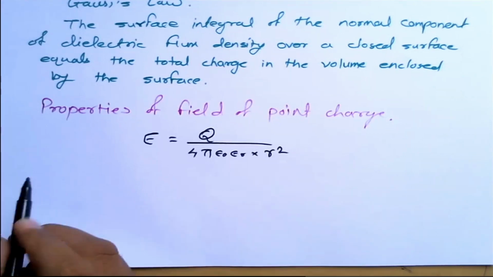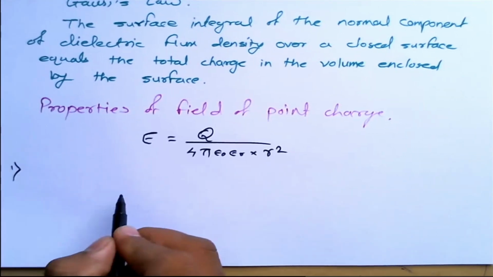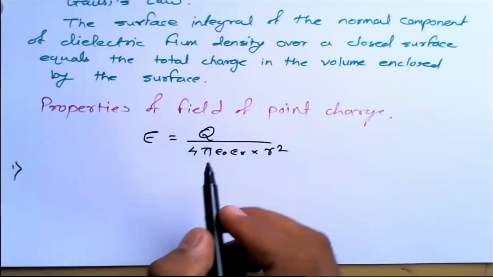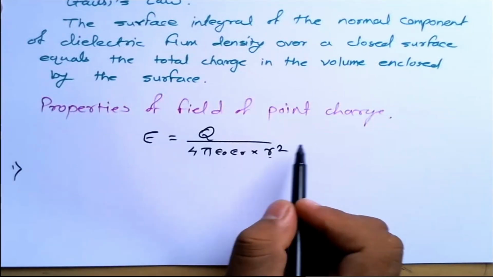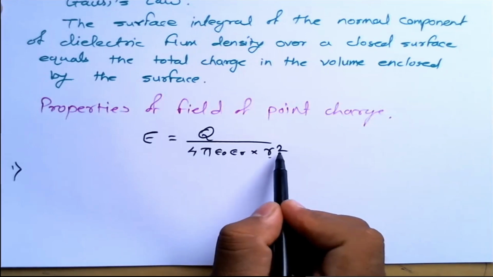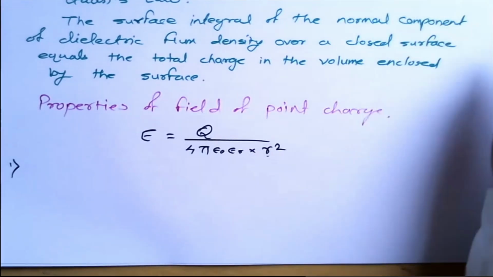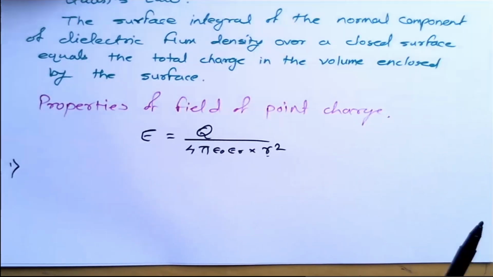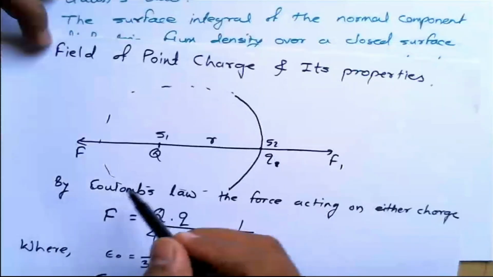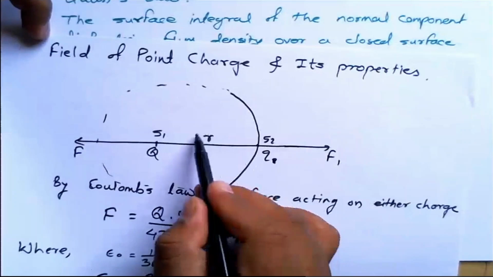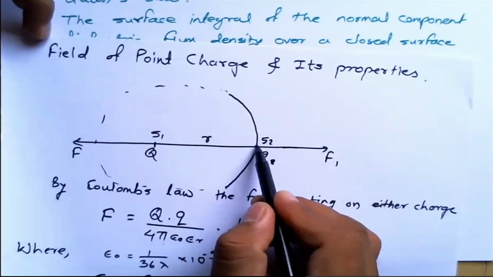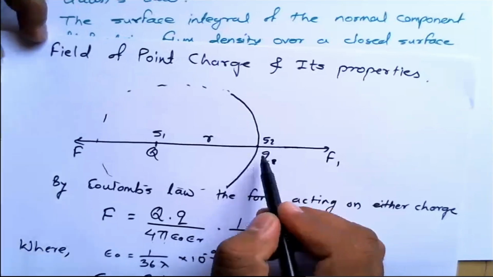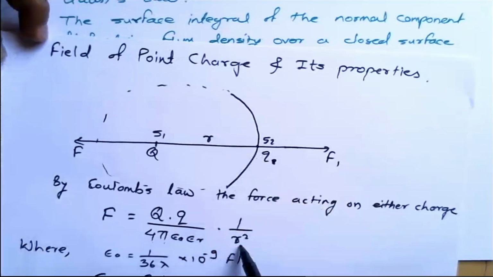So the first property: the electric field intensity decreases rapidly with the distance from the point charge. See here, if we increase this distance r, what will happen? The electric field intensity will decrease because it is inversely proportional to r square.